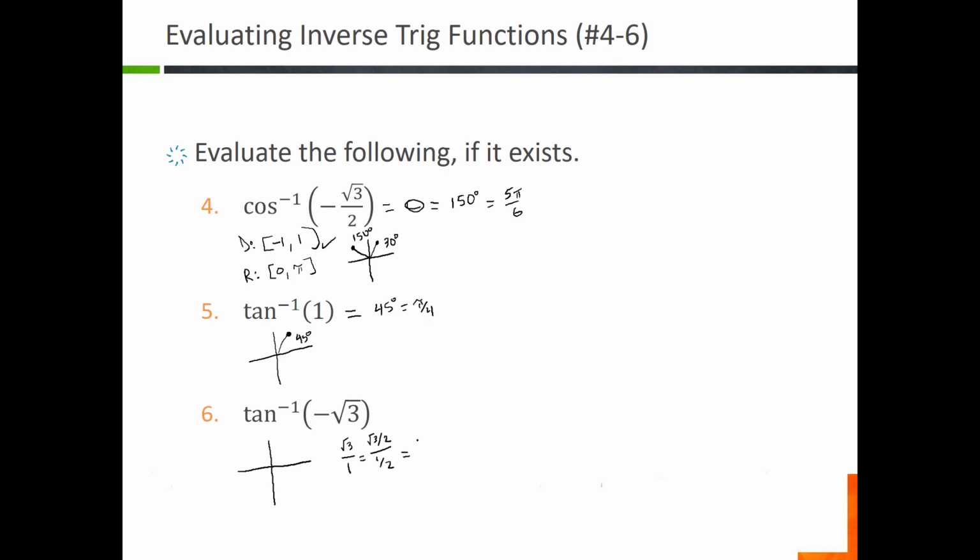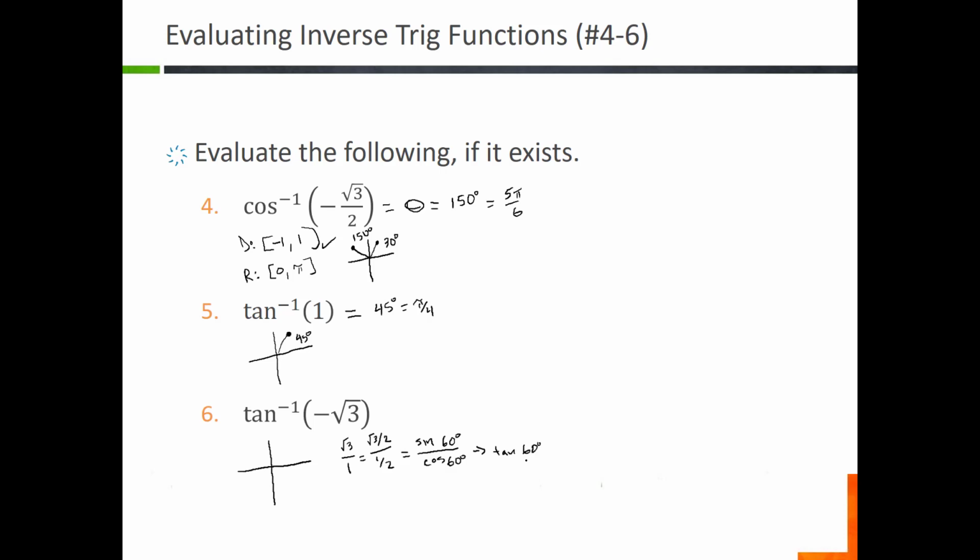But I know that tangent is the same thing as sine over cosine. And what angle makes sine a root 3 over 2? That's a 60-degree angle. What angle makes cosine a half? Also a 60-degree angle. So in the end, I'm dealing with the tangent of a 60-degree angle. Okay.